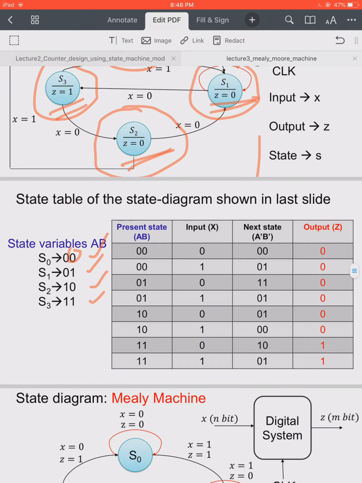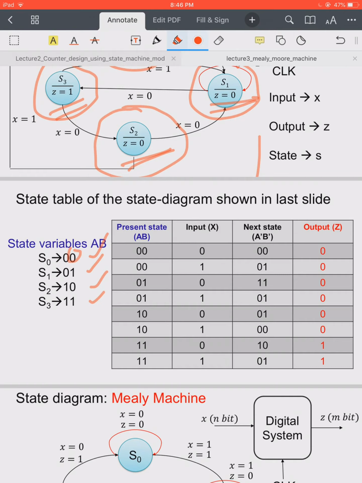So when it is 0 0 and the input is 0, the next state will be 0 0. When it is 0 0 and the input is 1, the next state will be 0 1, and I have written the corresponding output also, right? So you can see that all the possible combinations of present state, input and next state have been given.